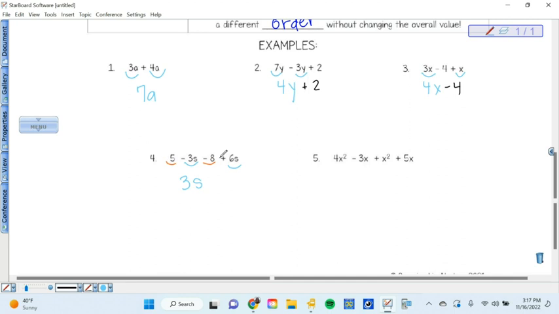And what's 5 and negative 8? Negative 3. And so you can write that as 3s minus 3, or you can write it as 3s plus negative 3. Those are the same thing.